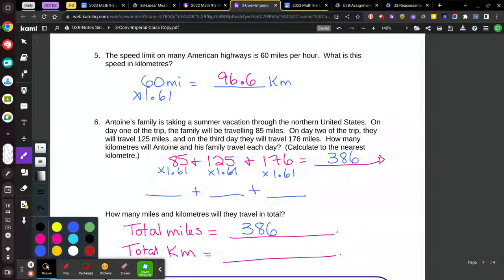So 85 times 1.61 gives us 136.85. 125 times 1.61 gives us 201.25. And our last one, 176 times 1.61 is 283.36.